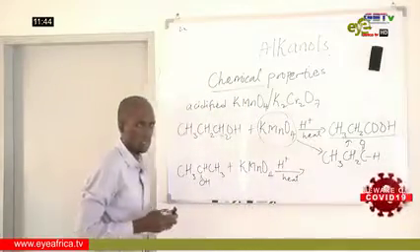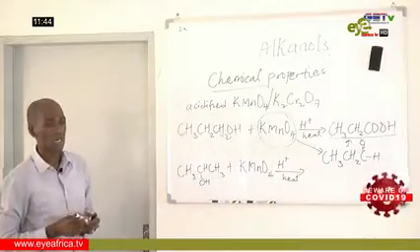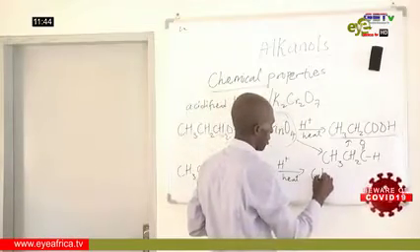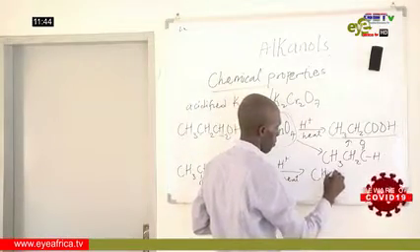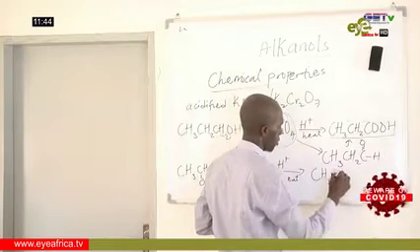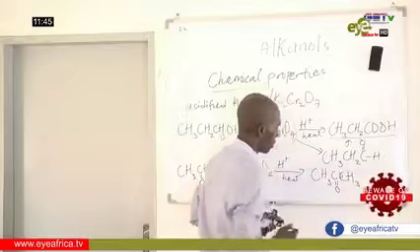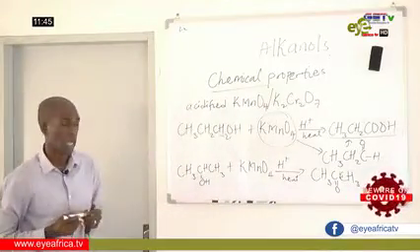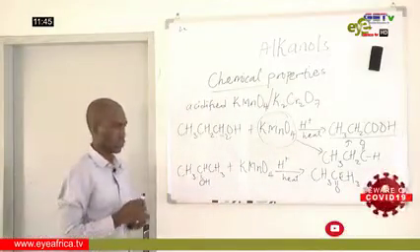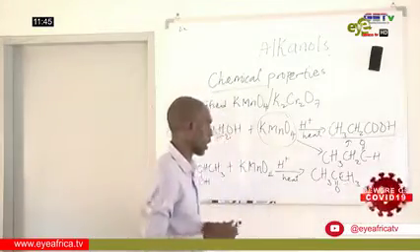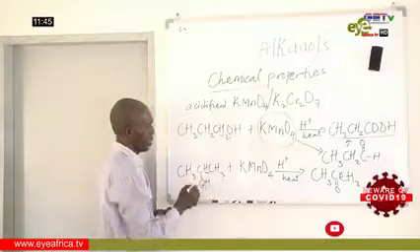So secondary alcohols are oxidized into compounds like these, which are alkanones, or we call them ketones. So secondary alcohols are oxidized into ketones or alkanones. So the hydrogen here is oxidized.